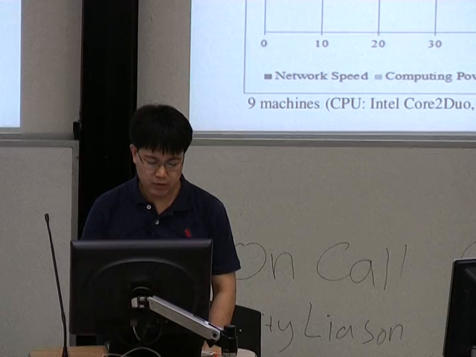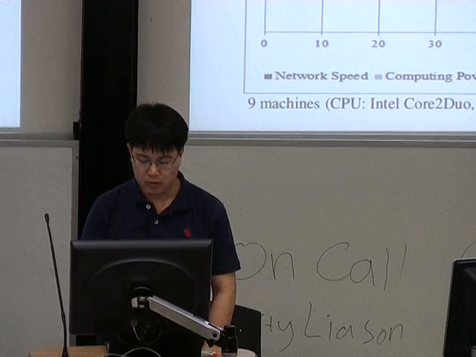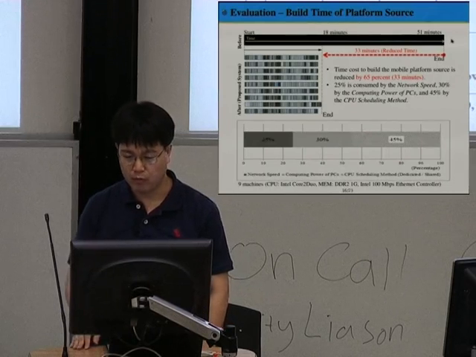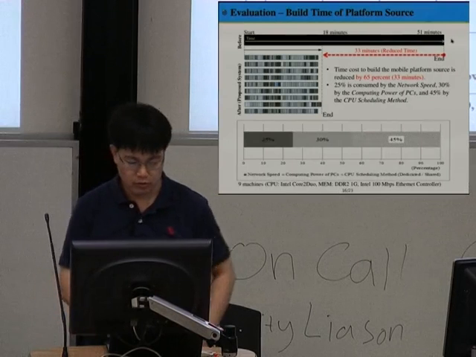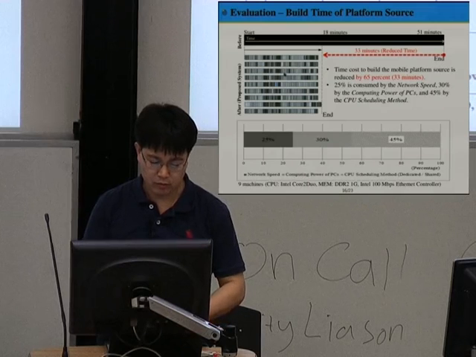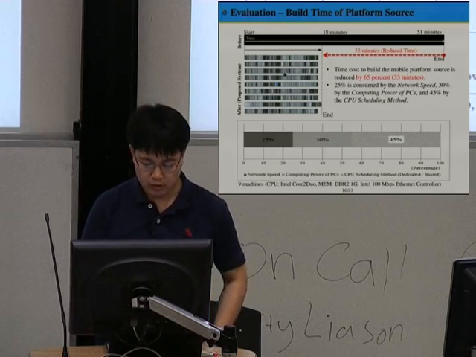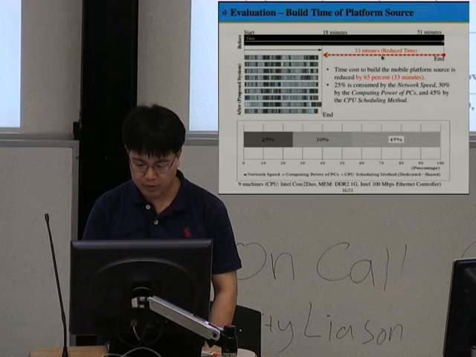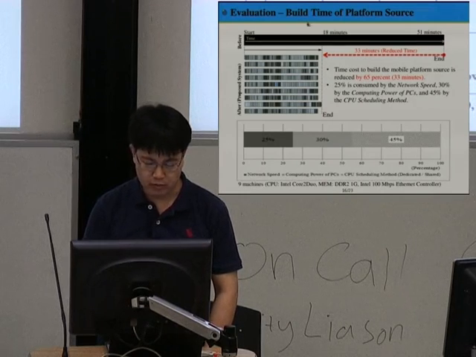So as you can see, in the existing system, we needed 51 minutes to build the Android mobile platform 4.2.2. But when we adopted distributed compilation based on the open source, we reduced the build time from 51 minutes to 80 minutes.